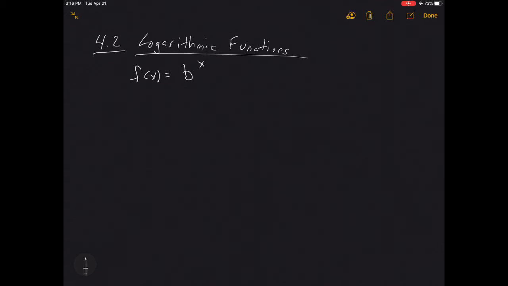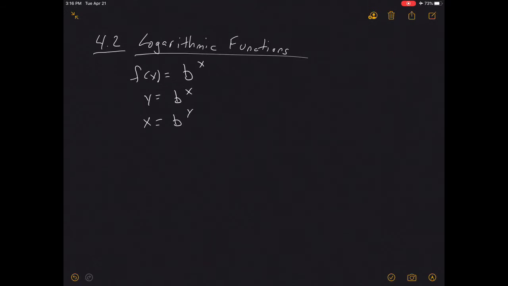If we were to try and solve this for its inverse, well, we would change f of x to y, and then we would switch the x and the y. And then the question becomes, well, now how do I solve that for y? Well, this is kind of the whole idea of a log function.